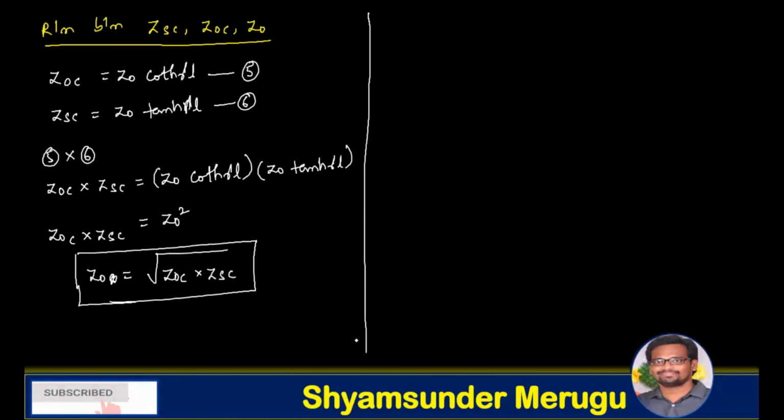Now, by taking expressions 5 and 6, if we divide equation 6 by 5, we get ZSC over ZOC equals tanh gamma l over coth gamma l.